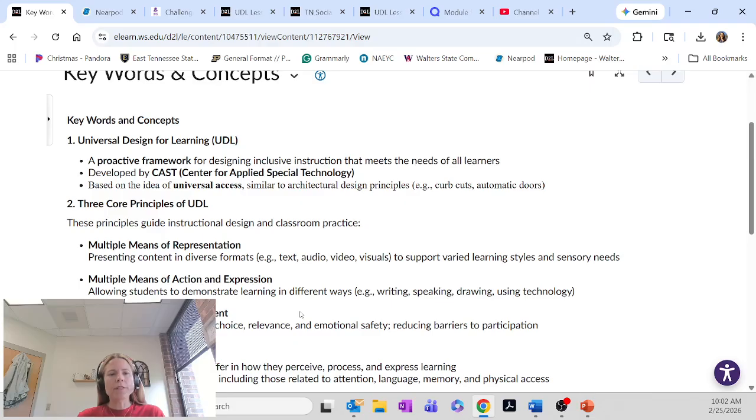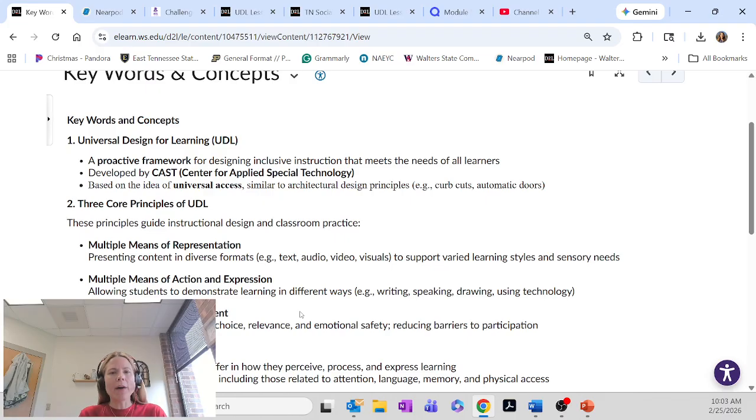The next thing I want to look at is the keywords and concepts. Now, we're defining Universal Design for Learning, or UDL. So we know that's this proactive framework, right? Meaning that you are going to really look at designing your lesson plan, the instruction itself, to meet the needs of all your learners. Now, this was developed by CAST, which is also known as the Center for Applied Special Technology.